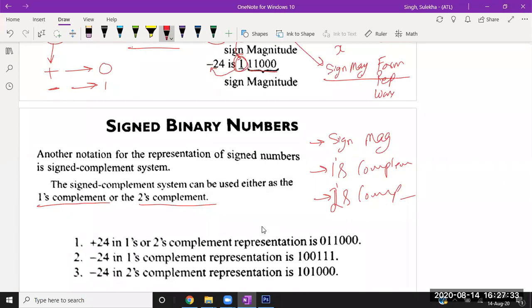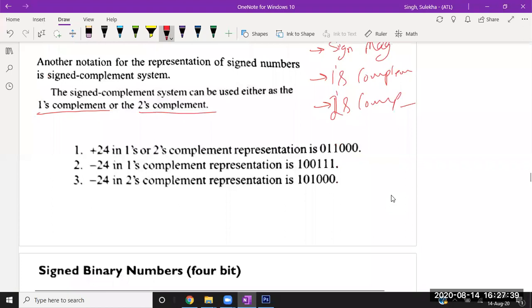Sign magnitude we have already gone through. We will go through the ones complement representation. Whenever we are writing any positive number, whether it is ones complement, two's complement, or sign magnitude, it is the same.